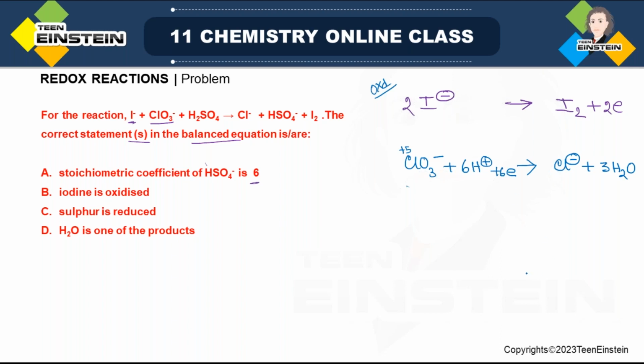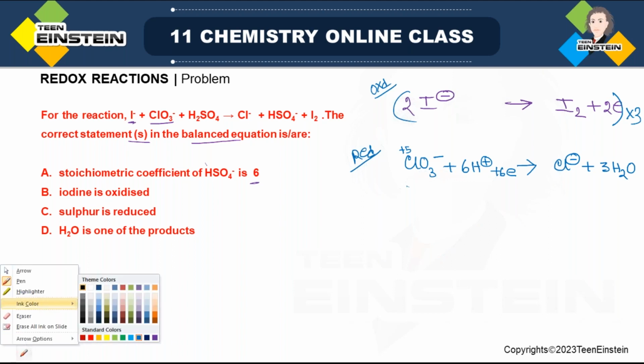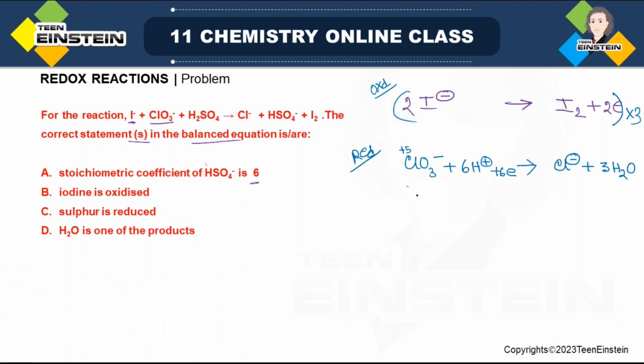Then only both sides' charge will be -1. Okay, so see here the electron is added on the left hand side because it is a reduction reaction. Now if you look at these two individual equations, if you multiply this equation by 3, the number of electrons will be equal to 6.